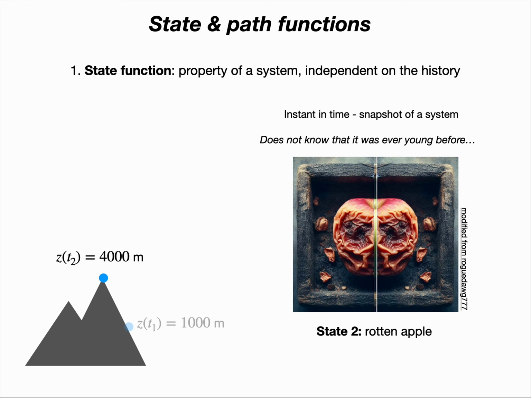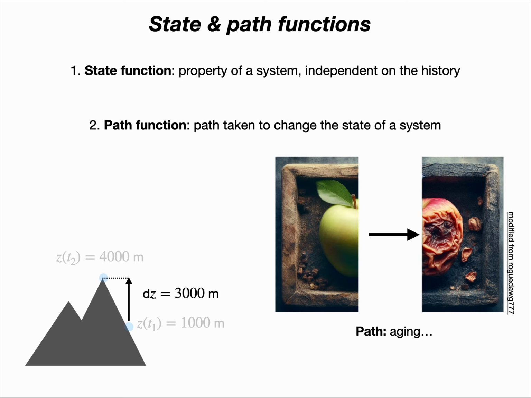So what happened between the two states? Between the two states, there was a path. To go from Z at time 1 to Z at time 2, there was a dz, a differential of altitude of 3,000 meters. And for the apple to go from a big, beautiful green apple to a rotten apple, there was also a path, and the path here was aging.